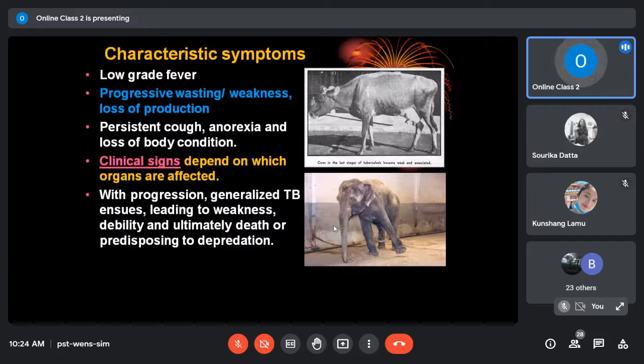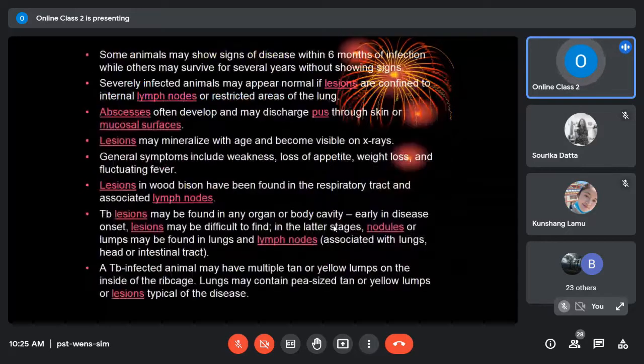They may be very weak and prone to other infections, and they may even die because of severe involvement of some vital organs.